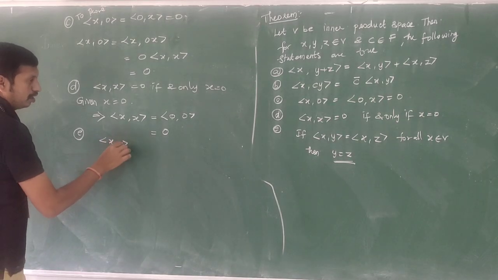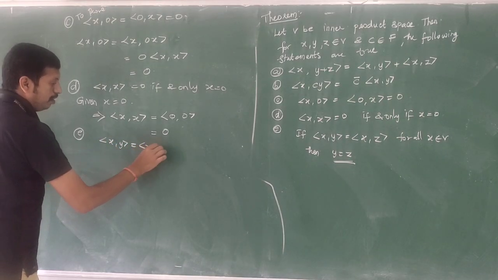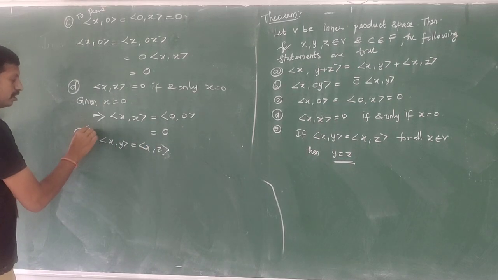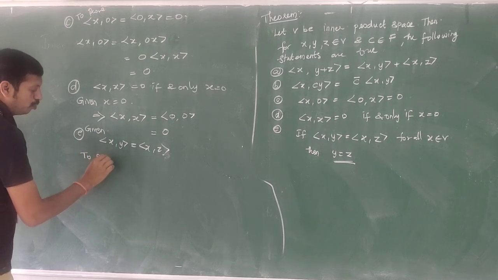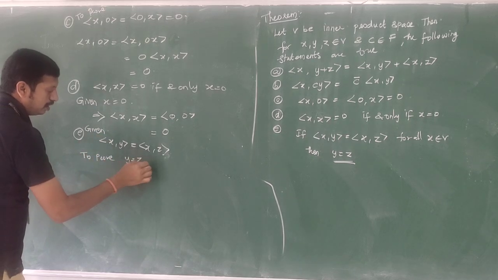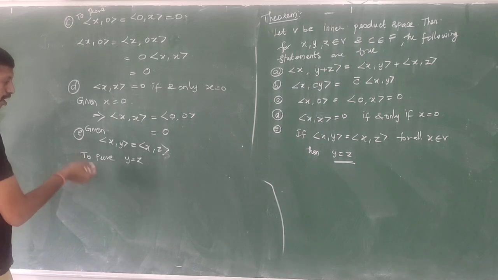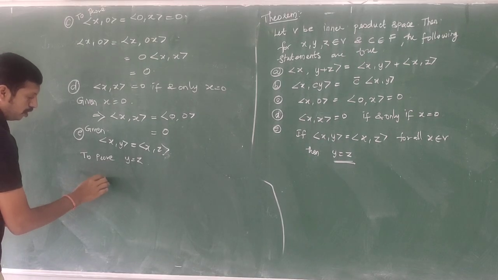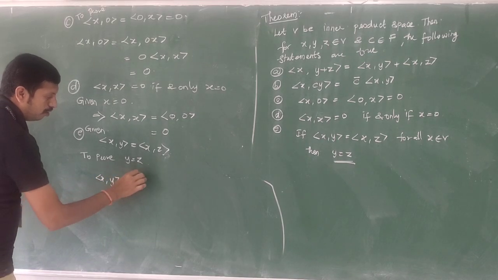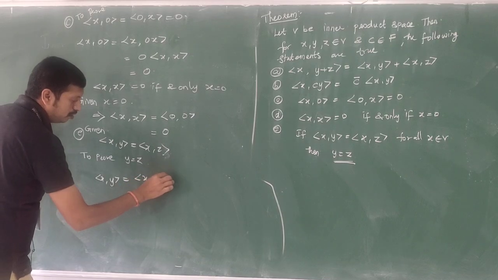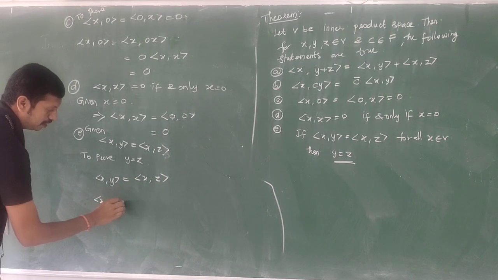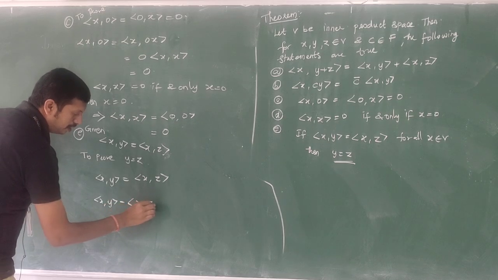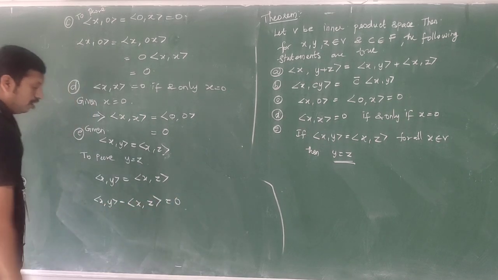So, next one, last one, we will have: if x comma y equals x comma z, we have to write in inner product, this is given. Then what we have to prove is y equal to z. Okay. Then we consider these two, x comma y equal to x comma z. Now we bring this to this side, that becomes minus, right, x comma y minus x comma z equal to 0.